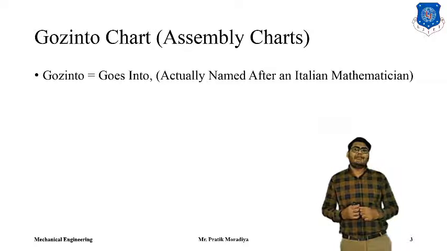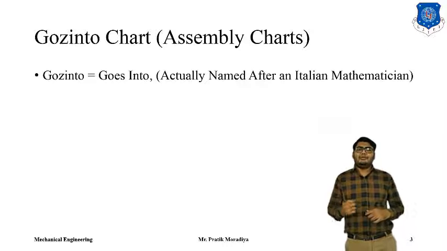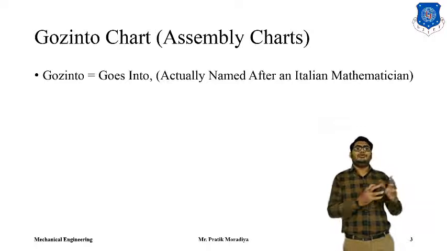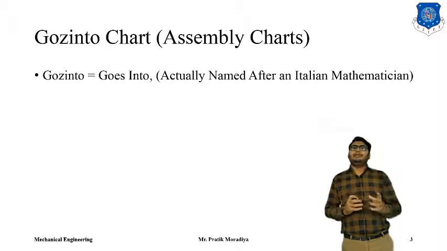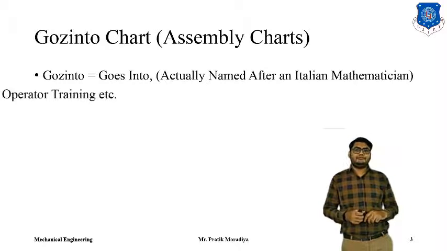Although Goes Into is actually named after the Italian mathematician, because the scientist who developed this chart was inspired by him, it gives a fairly good idea of what goes into where, and we can break it up into what goes into where.